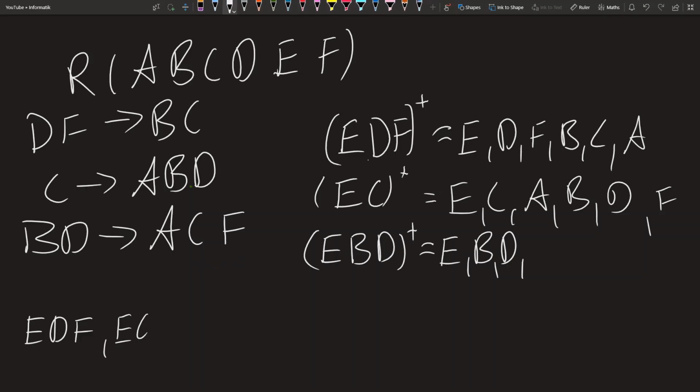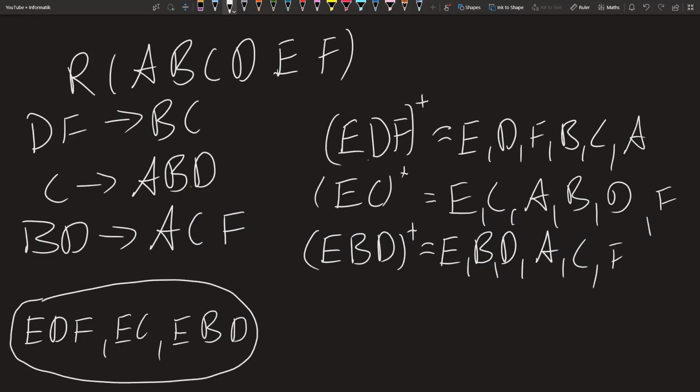So A, C, and F. And that's everything. So the next one is A, B, D. So these are my examples.